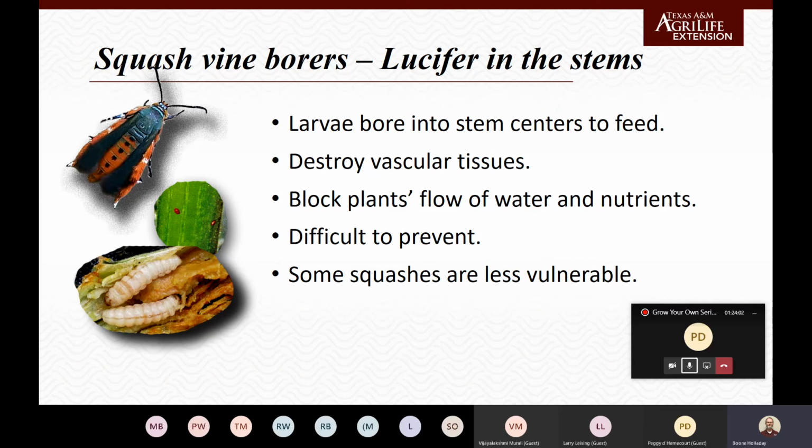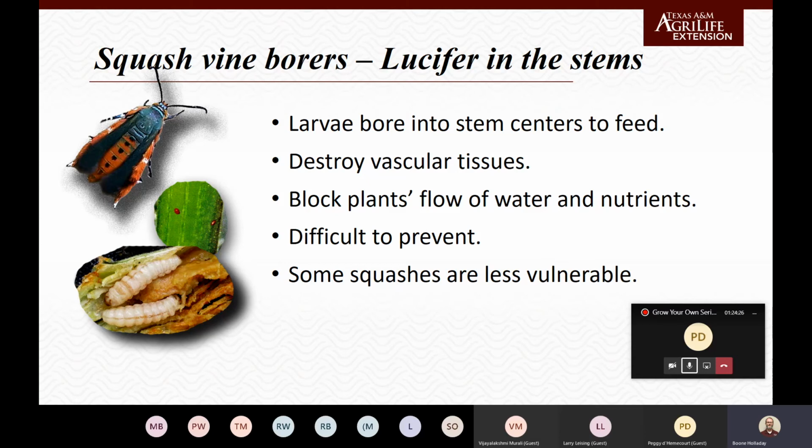And overnight, we'll see the decline, and then once the sun comes up the next day, these vines will fall over, wilt, and don't really come back because these larvae have eaten out all the tissue in the stem and virtually killed the plant at that point.